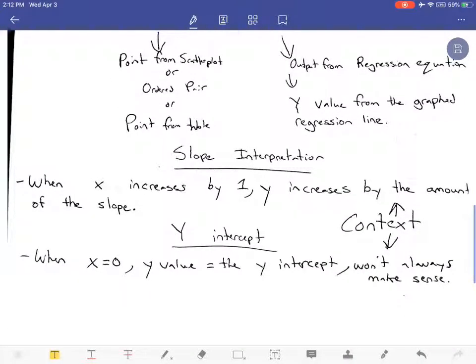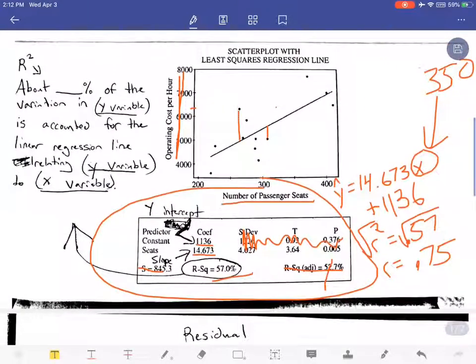All right, then slope and y-intercept interpretations. The way we interpret the slope is when x increases by 1, y increases by the amount of the slope. You want to make sure that you're also incorporating context. So let me do it for this example up here.